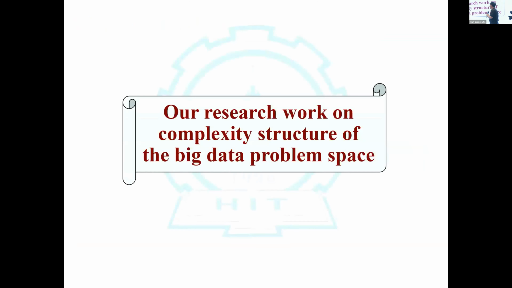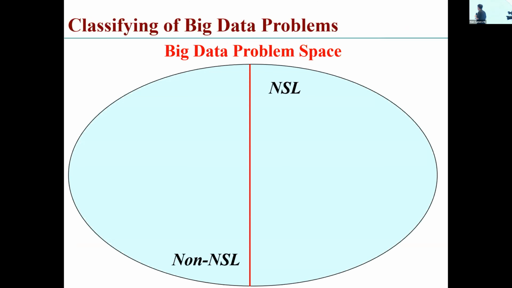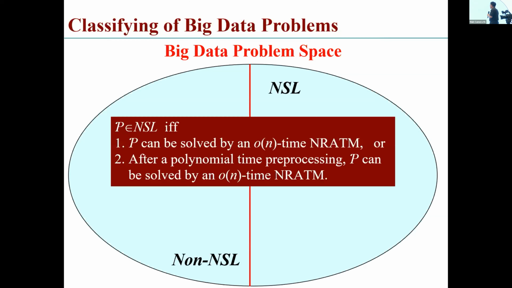The second work is on the complexity structure of the big data problem space. Here, first we classify the big data problem space. We divide it into two subsets. One is NSL, one is non-NSL. So, what is NSL?